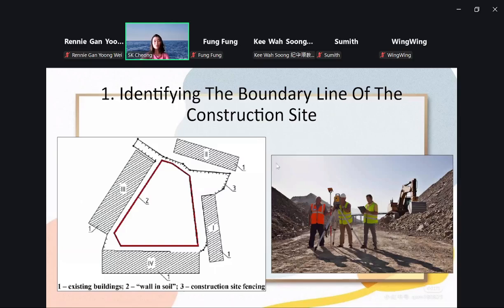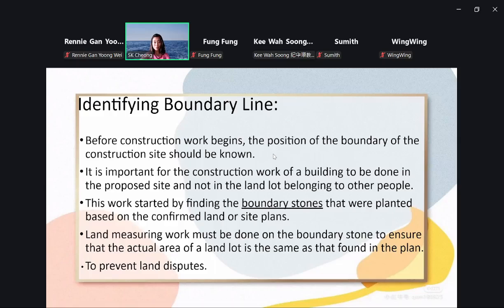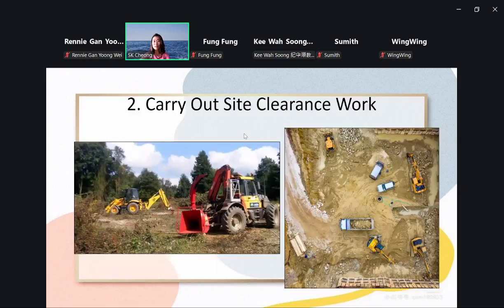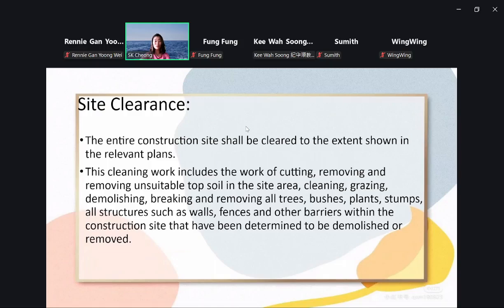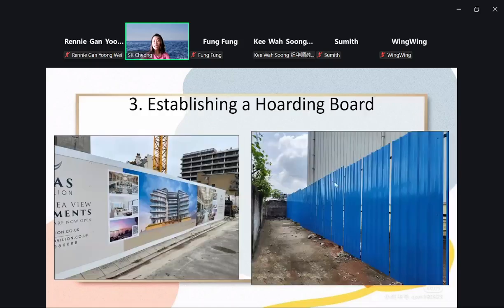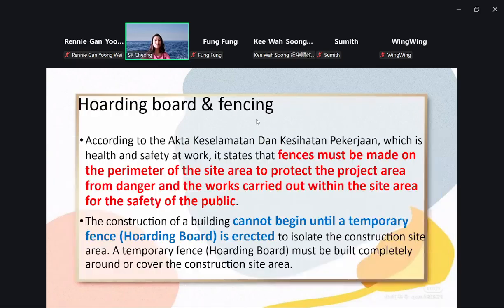So first step, what shall we do with the site preparation? And then clear it out, bulldozer, clearance, setting up the border line with a hoarding board. So what is that? There is a requirement from the government. So it is a must.